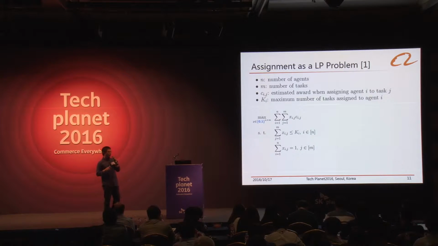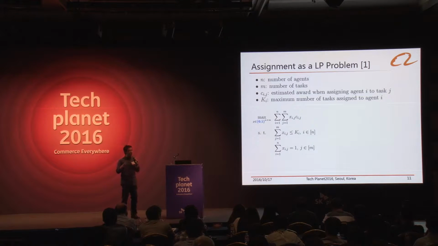Here we have n different agents, and we have m different tasks. Now, whenever you assign agent i to task j, you're going to receive a reward c_ij. And you also have a constraint k_i, which is the limited number of tasks that can be performed by a particular agent.